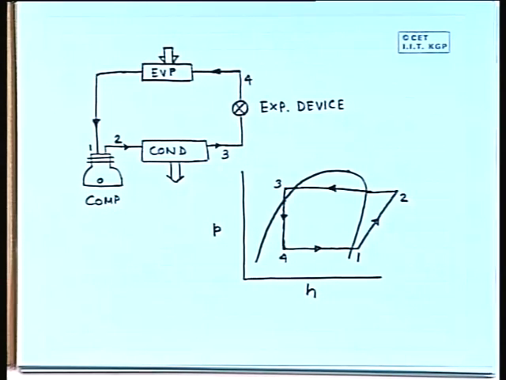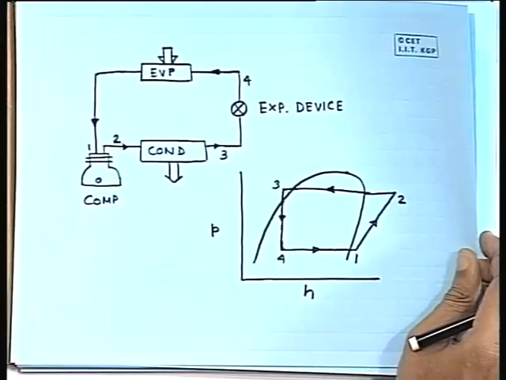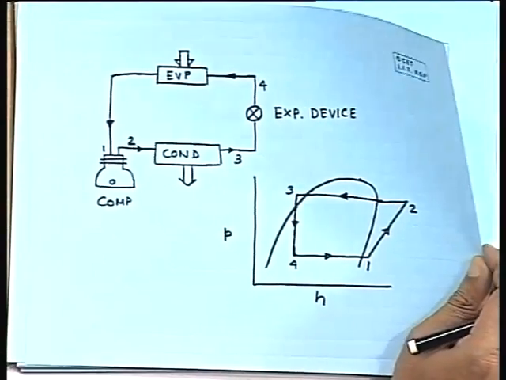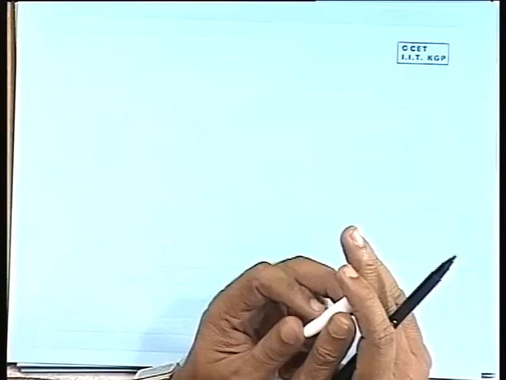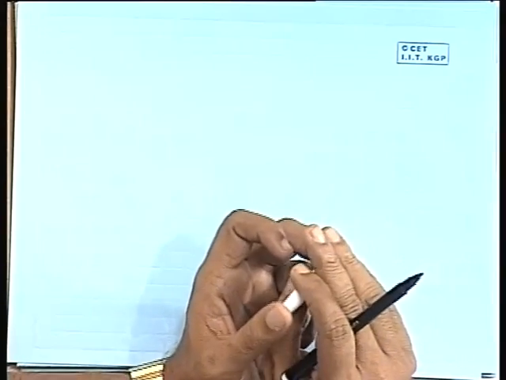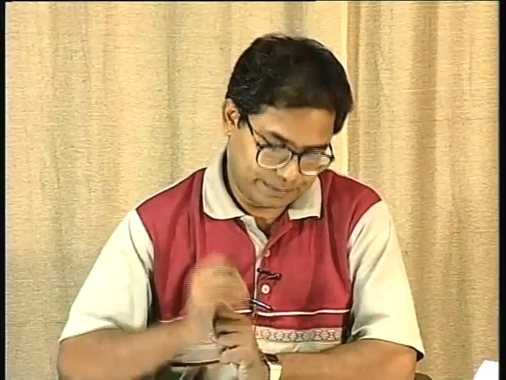It is quite desirable, because we do not want to send any liquid refrigerant into the compressor. That is why sometimes in larger refrigeration units, you will have a device which helps the superheating of the vapor after it comes out of the evaporator.